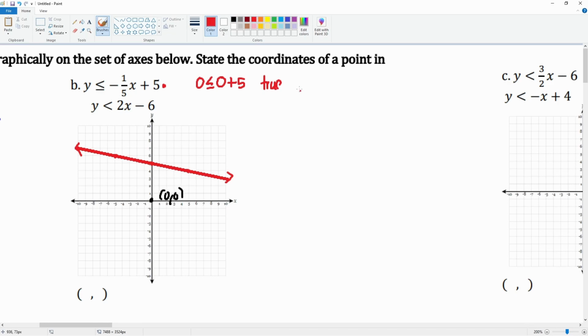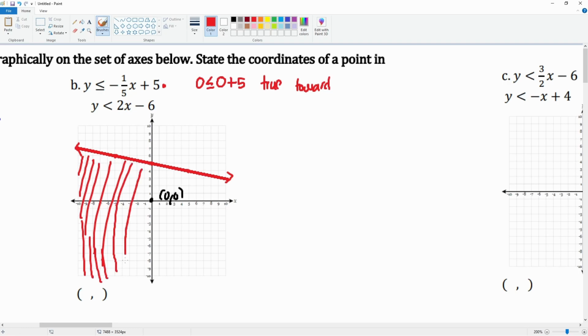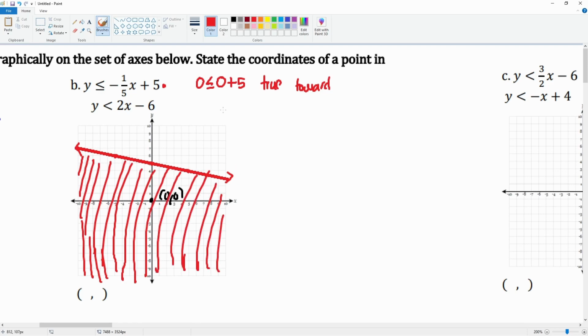We are going to be shading towards it right here. So because that's true, we're shading this side, everything here, because that's everything that is true, since 0 is less than 5.